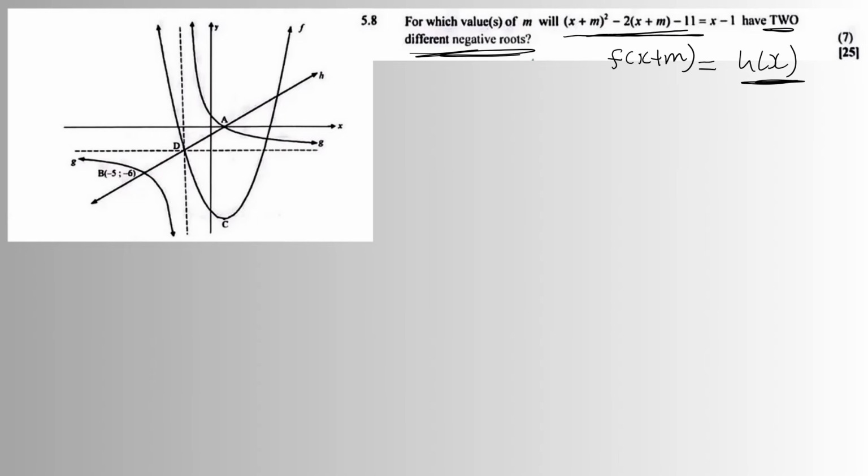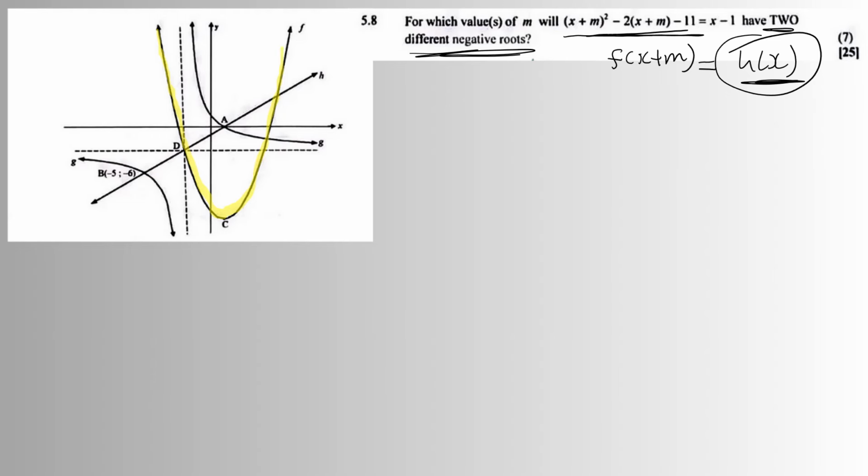That's what they're saying. How can I shift the graph of f such that where it is intersecting with the graph of h of x, we'll have those intersections as 2 negative values of x.